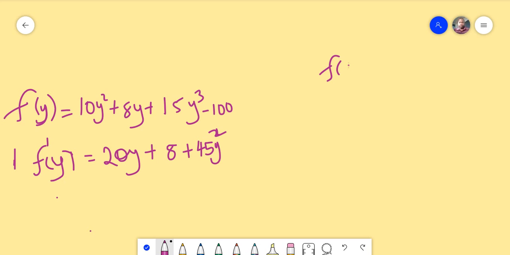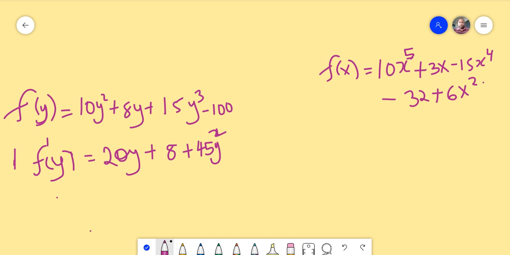The question is f of x equals 10x raised to power 5 plus 3x minus 15x raised to power 4 minus 32 plus 6x squared. So what is the solution to this question? Take 5 minutes and get the solution before we do it together.